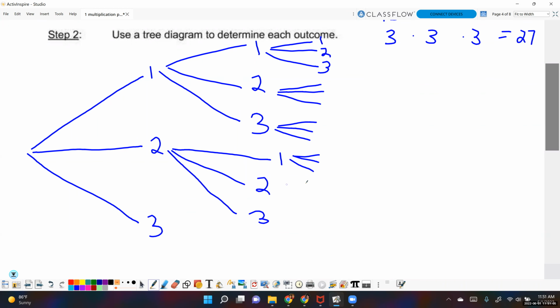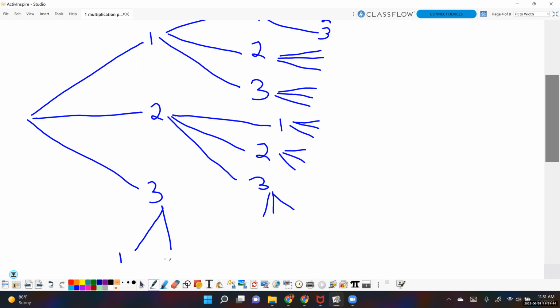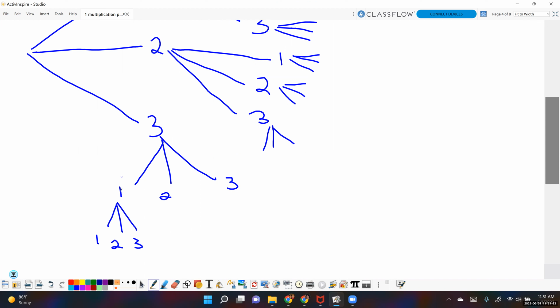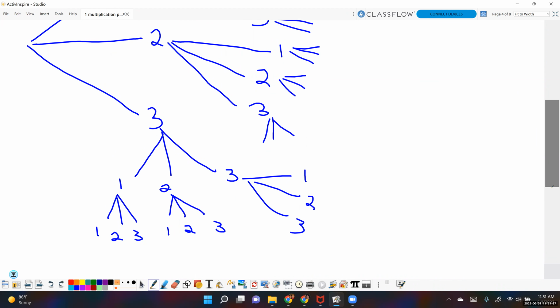Now I'm going to have to kind of branch this down here. Like this last one would be spin a 3, spin a 3, spin a 3, and so on, for the 27 outcomes.